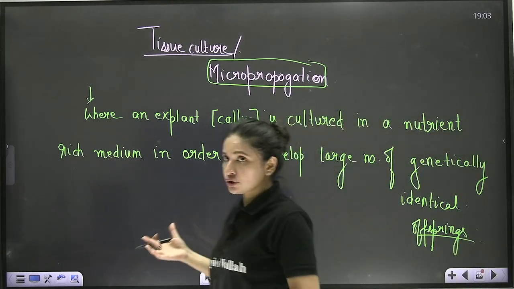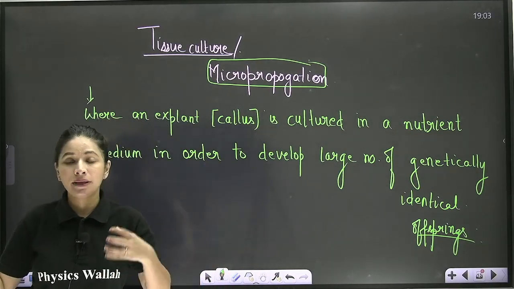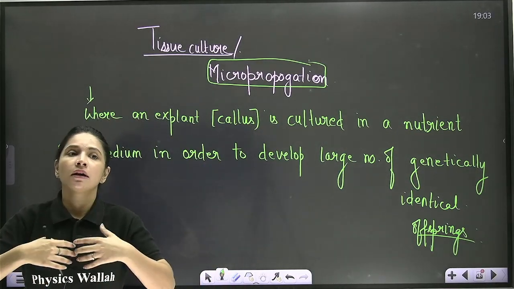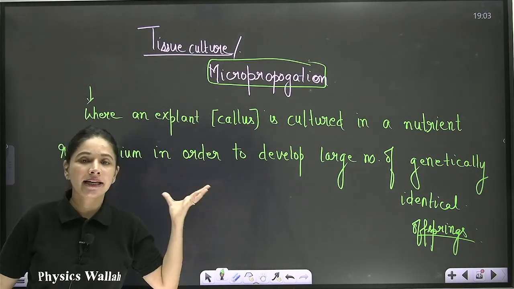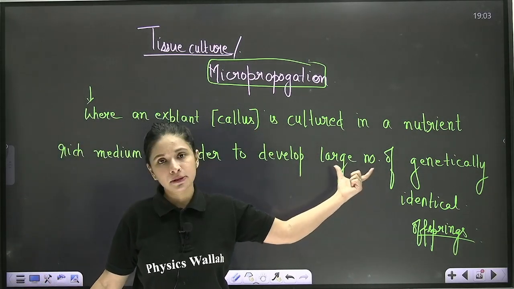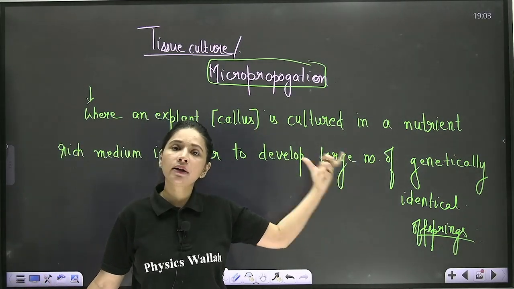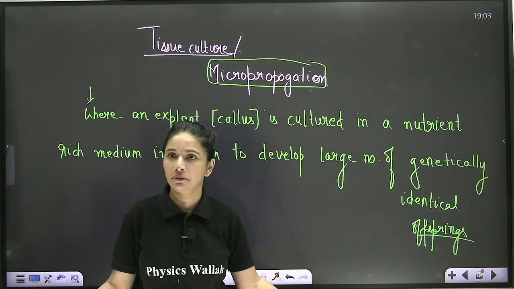So this is tissue culture, means you are culturing the part of the plant that is tissue. Micro means less time. Propagation means propagating, producing. So in less time you are culturing any part of the plant body in order to develop new organisms from them having the same quality as that of the parent. It's a method of asexual reproduction only, right?